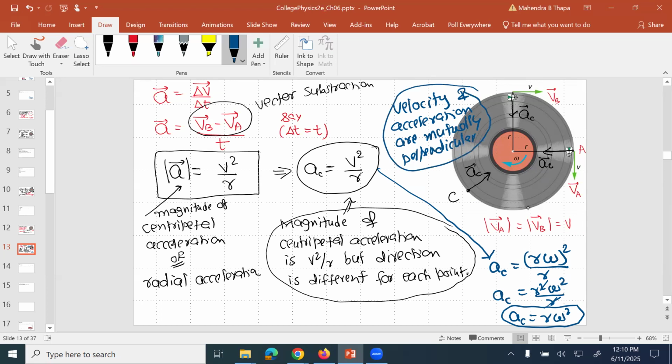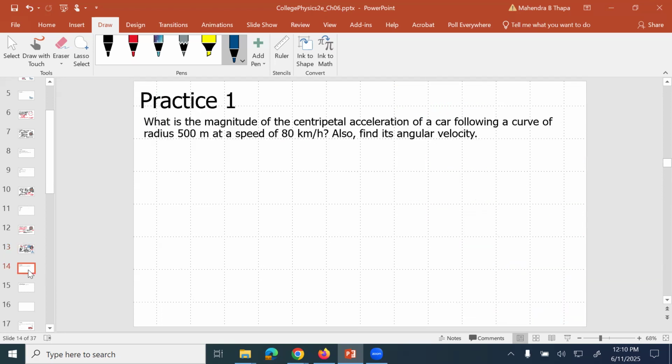This is true for each point. It could be A, it could be B, it could be C, or any point. If you understand this concept here, you can practice this question.